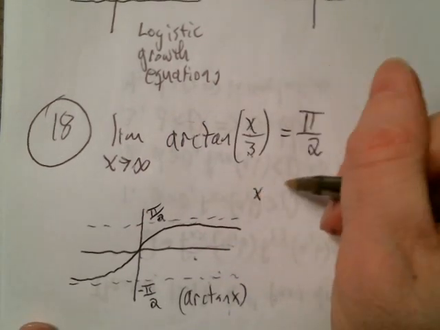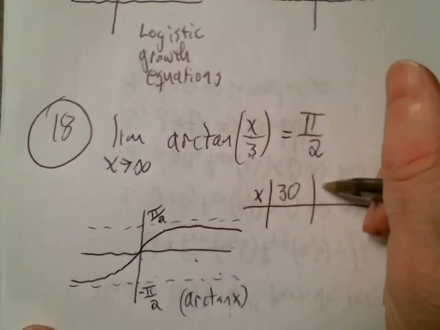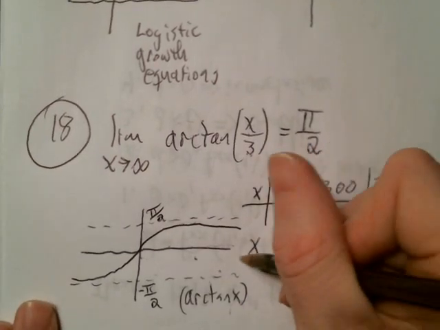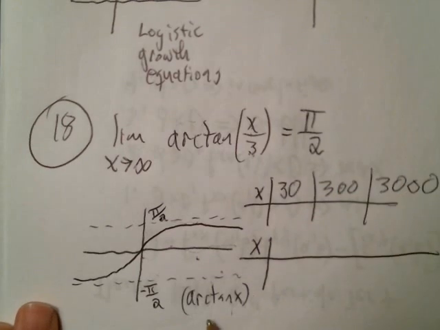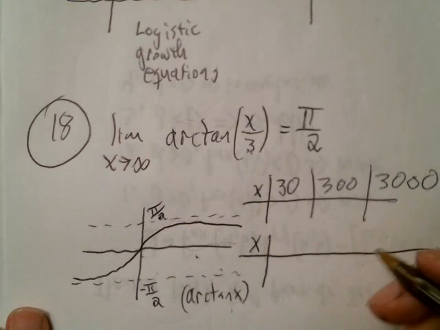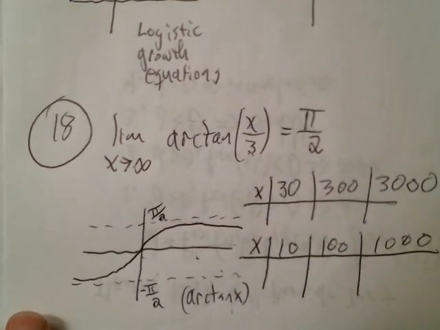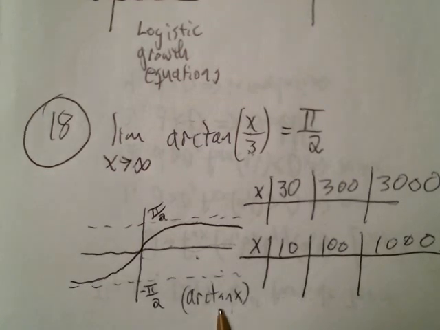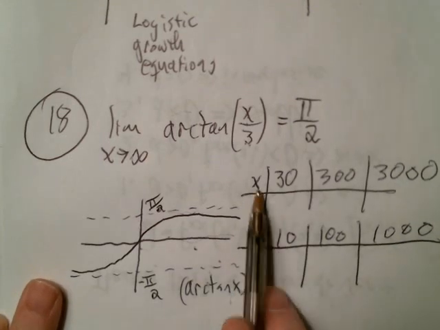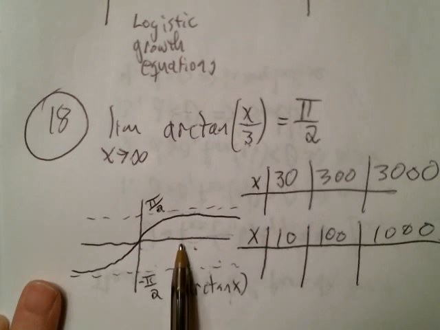So again, what I'm saying is that if you look at a sequence going to infinity where it's 30, 300, 3000, all you need is the end behavior. If you're doing an analysis on this, you'd likely use the numbers 10, 100, 1,000, but you'll get the same numbers in the output as though you had put 30, 300, 3,000 into this guy, right?